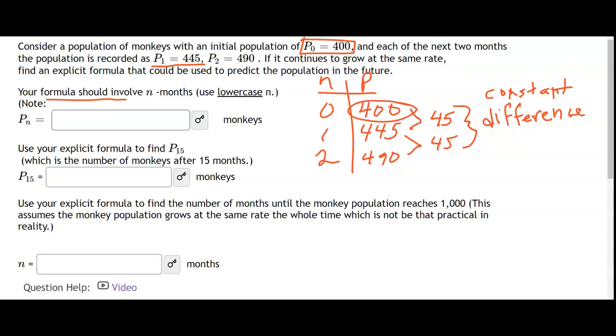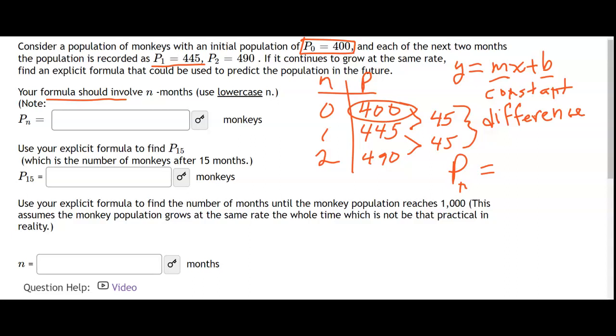So in general, you're probably used to y equals mx plus b, where b is referred to as the y-intercept, or the starting point. M is referred to as the slope, or in general, the rate of change. So in this case, instead of y, they're using P with a subscript of n to tell you which month it would be, and that's equal to, it starts out at 400, right?